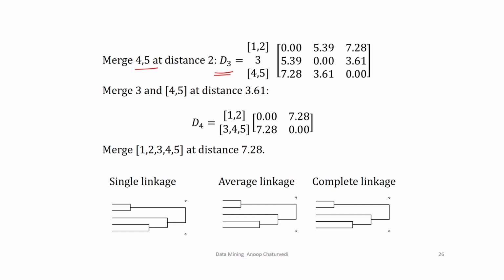Again, we merge 3 and 4,5 at distance 3.61 and we get this distance matrix, and then we merge 1,2,3,4,5 at distance 7.28. So, in this example, if we apply single linkage, average linkage or complete linkage, all the 3 methods lead to these dendrograms.